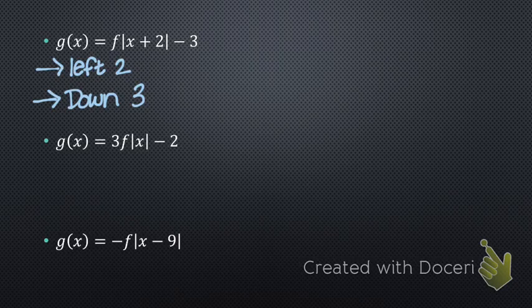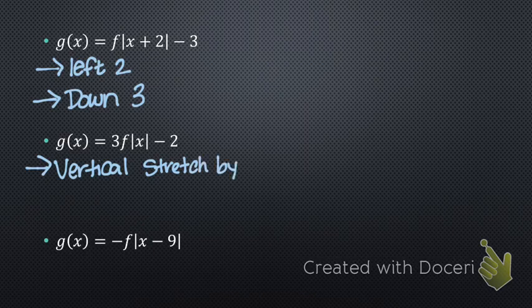If it's a fraction or a decimal, then it is a vertical compression. So my 3 here, 3 is in fact bigger than 1. So we have a vertical stretch by 3, or by a factor of 3 if you want to make it super long.